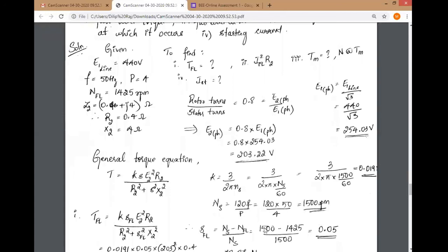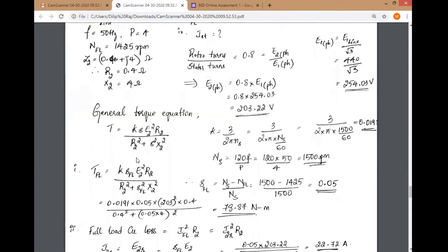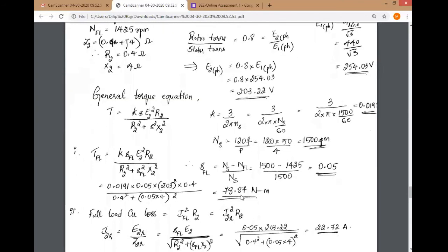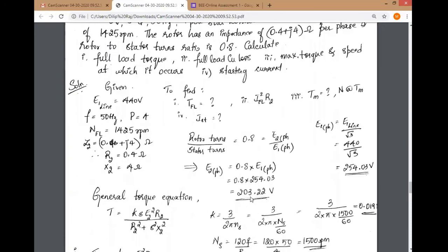The value of slip corresponding to full load is 0.05. Then also determine the proportionality constant 3 by 2 pi Ns using this formula and substitute in the above equation. We obtain the full load torque value, which is 78.87 Newton meter for this given induction motor. That was the first parameter to be calculated.